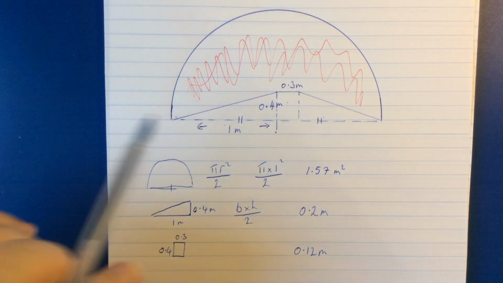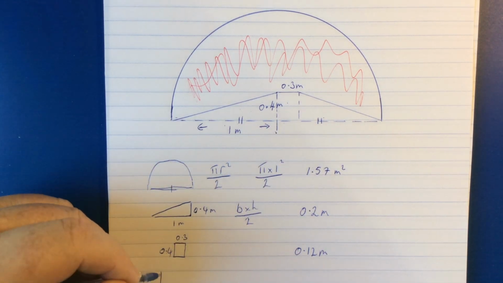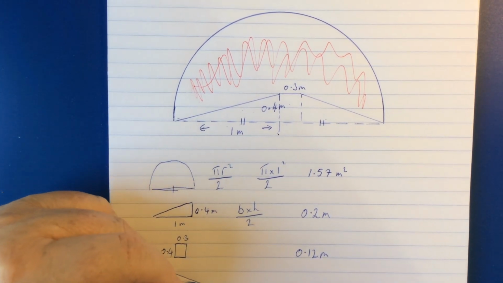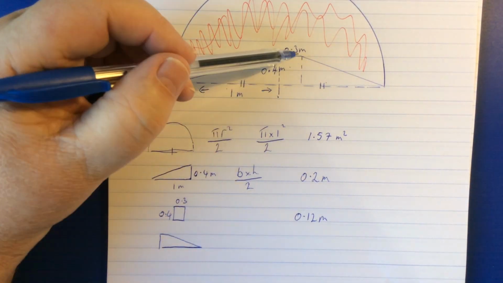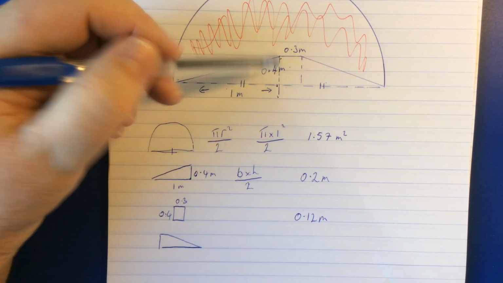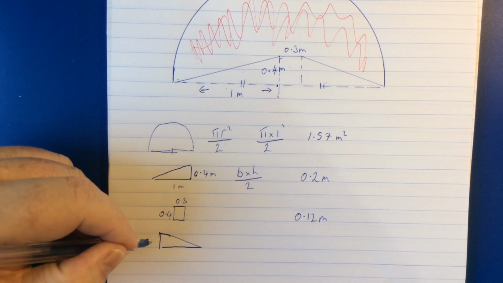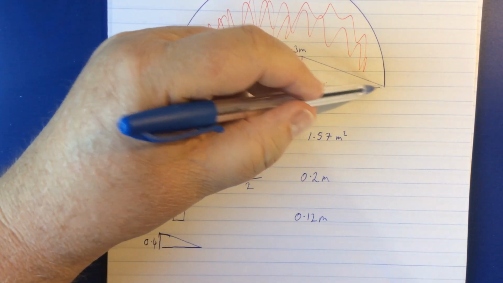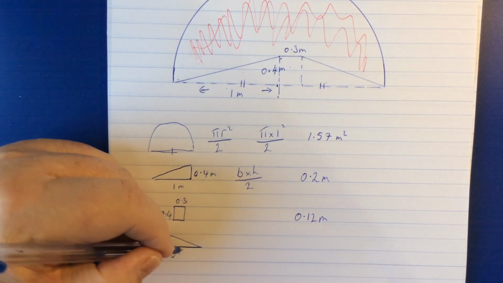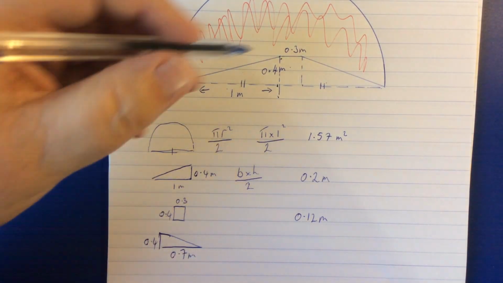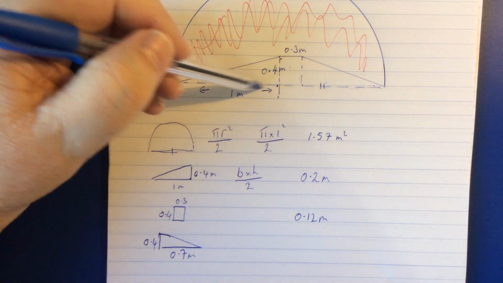And the next thing we're going to do is we're going to deal with this triangle here. Now, this triangle, which I'll just draw here and then put it clearly into frame, is this height, which is the same height as this. So that is 0.4, and the length of this is 0.7 of a meter. Now, that is because this whole length along here is the same as this.